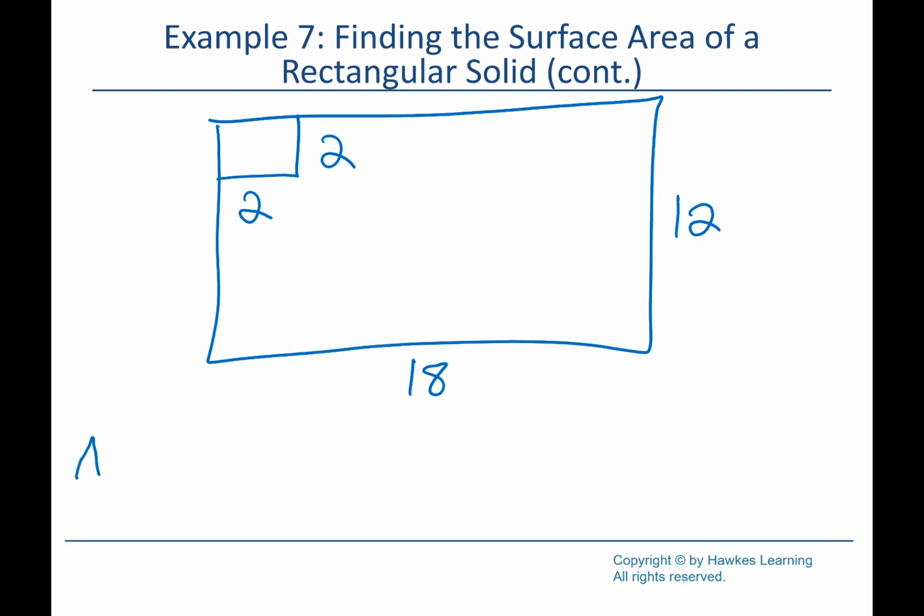So the whole thing is 18 by 12. And we can figure out the area of each slice. They're 2 by 2, so the area of each slice would be 4 square inches.